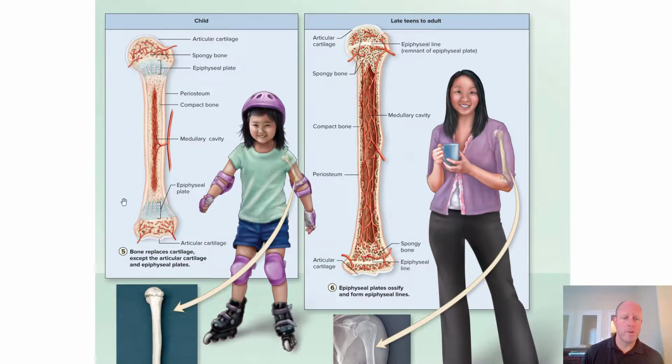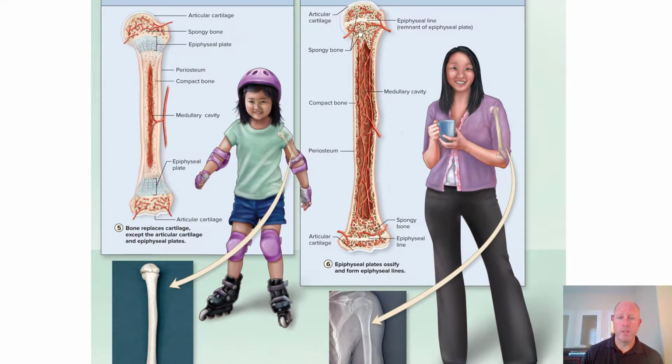The periosteum is the outer layer here, and in the diaphysis there's the medullary cavity, the central cavity, and the compact bone surrounding that central cavity. And that bone now is replacing the cartilage, except the articular cartilage and the epiphyseal plates. That's not being replaced. The epiphyseal plates here are ossifying and forming the epiphyseal line more completely in the later teens toward adulthood.